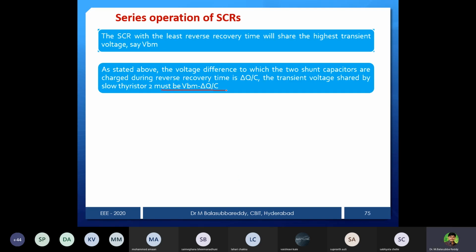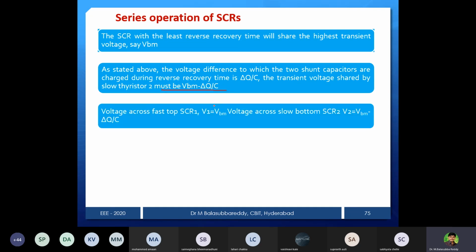The drop across SCR2 is VBM minus this drop, and here the drop voltage is Q is equal to CV, that is V is equal to Q by C. Now Vs I can write as the drop across 1 plus the drop across 2.